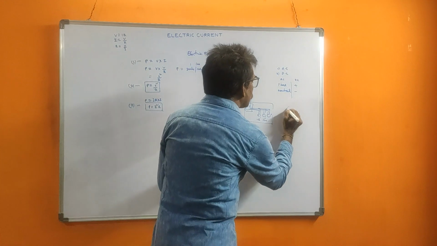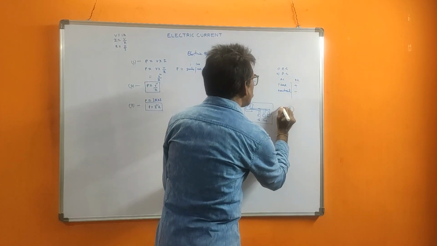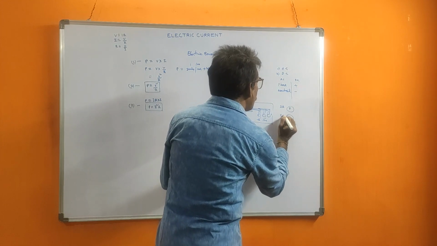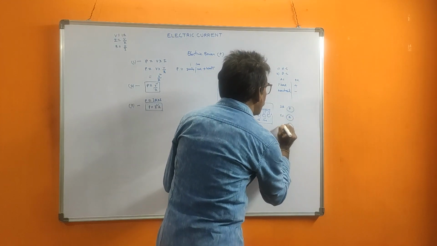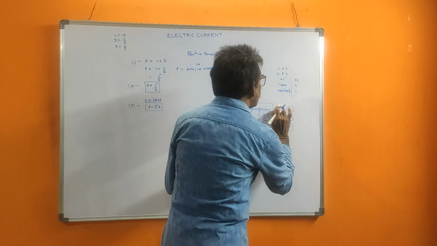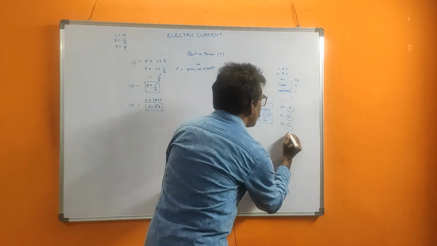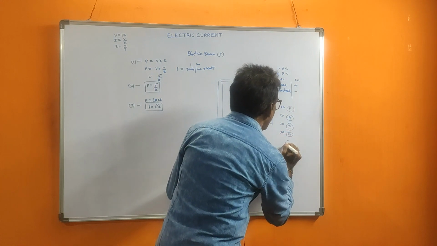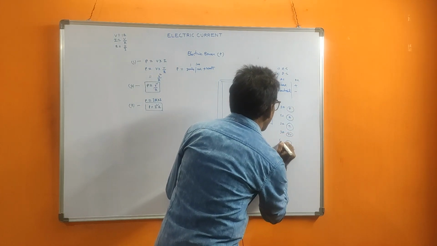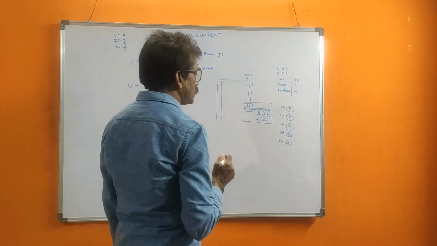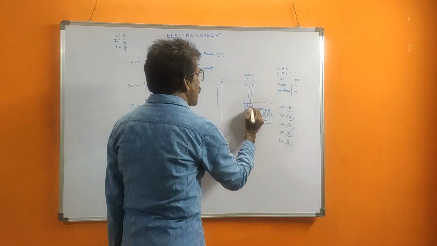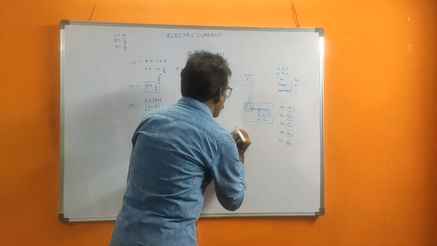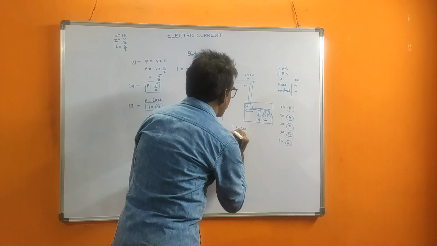Suppose we are using a fan taking 2 amperes of current, heater 5 amperes, tube light 2 amperes, fan 3 amperes, TV 5 amperes, again 3 amperes, fridge 5 amperes, like that. Now for any mains, the maximum current rating is 5 to 20 amperes.